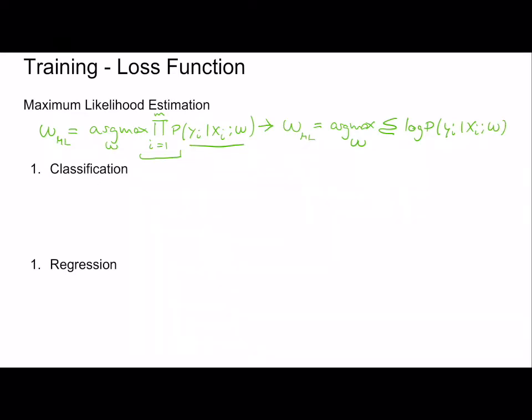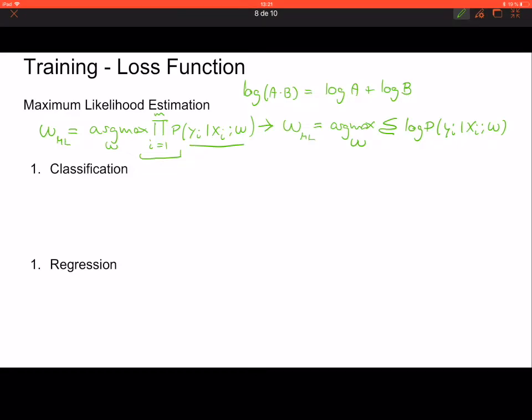We're trying to maximize this instead, because you know that the log of a times b is equal to the log of a plus the log of b. So if we apply the transformation, we just take the log of this, and essentially we get something like this: the summation from i equals 1 to m.